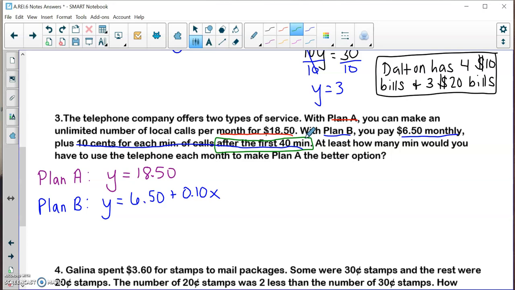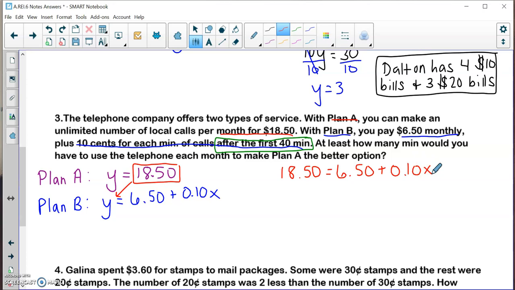So, we are going to use the substitution method here. I have y is equal to $18.50. I'm going to put that in for y in my bottom equation. So I have $18.50 is equal to $6.50 plus 10 cents per minute.